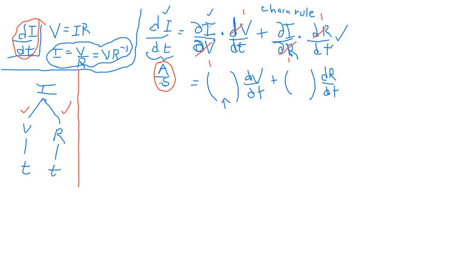It's a partial derivative. I is equal to V times R to the negative first. So what would the partial derivative of I with respect to V be? That's right. Good, Robin. 1 over R, or R to the negative first.